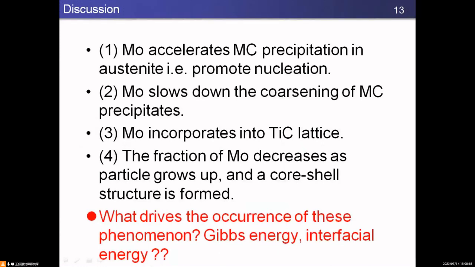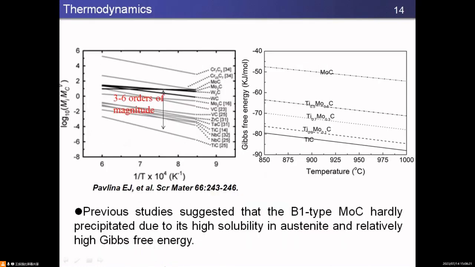Driving free energy, chemical driving energy. We calculated the solid solution solubility of the B1 structure Mo carbide and the hexagonal Mo2 carbide in austenite. We can see that the solubility products of both Mo carbides are 2 to 6 orders of magnitude higher than that of titanium carbide in austenite.